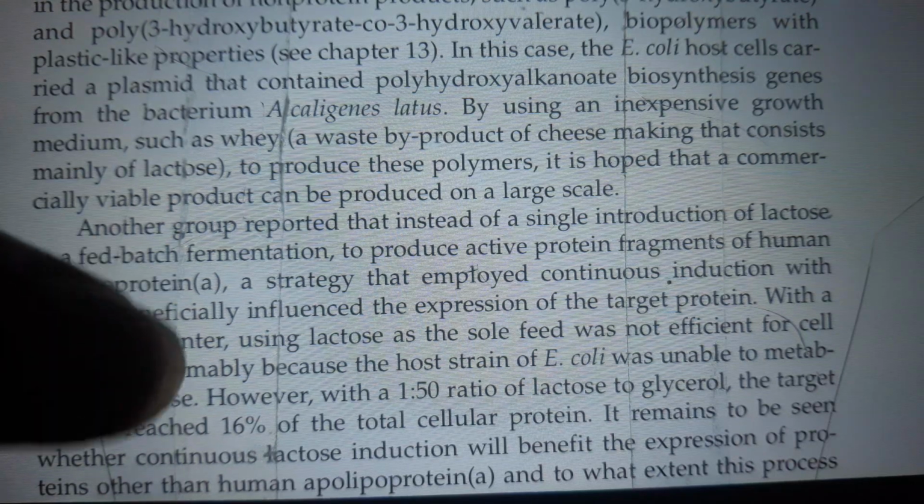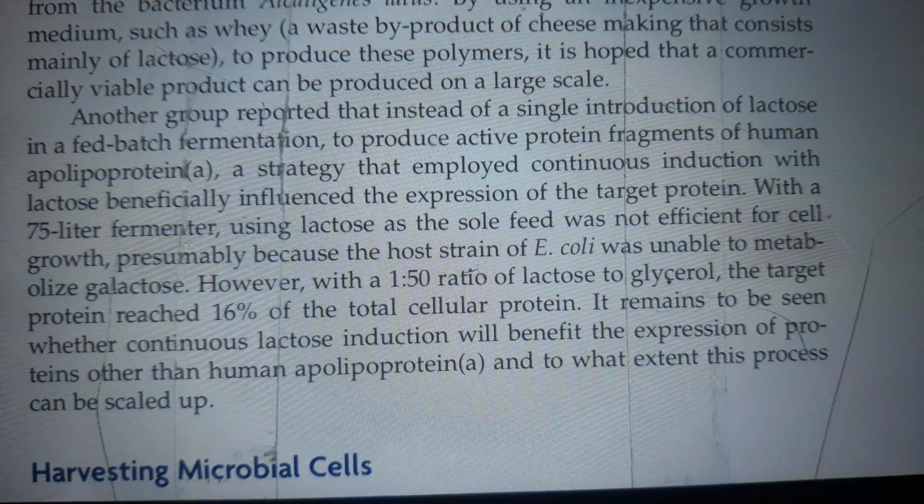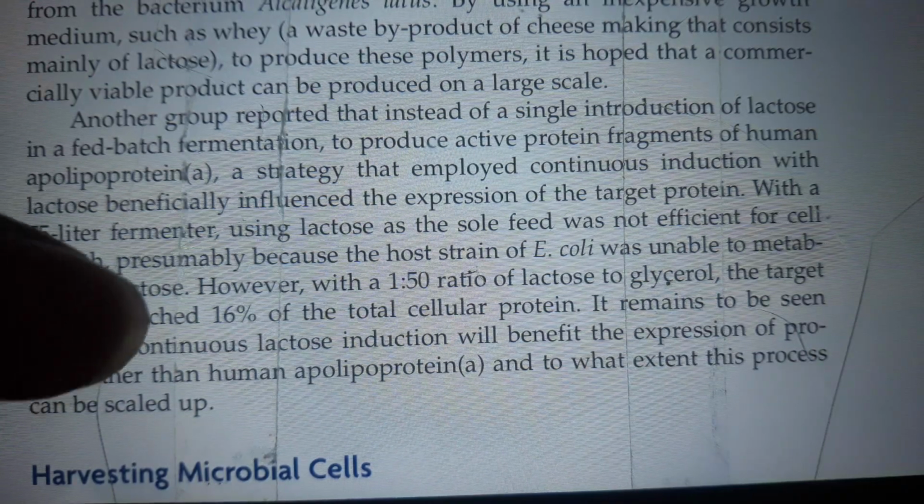In this case, E. coli host cells carried a plasmid that contained polyhydroxyalkanoate biosynthesis genes from the bacterium Alcaligenes latus, by using an inexpensive growth medium such as whey, a waste byproduct of cheese making that consists mainly of lactose, to produce these polymers. It is hoped that a commercially viable product can be produced on a large scale.